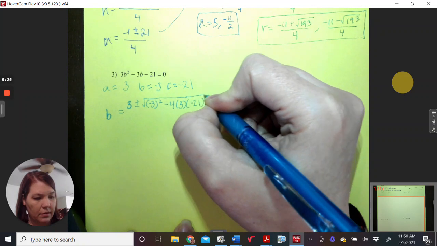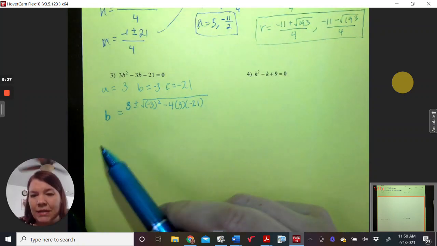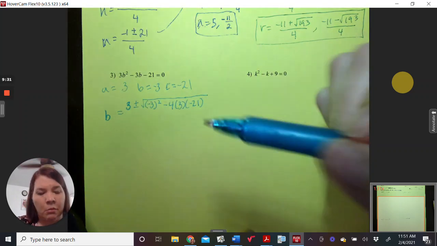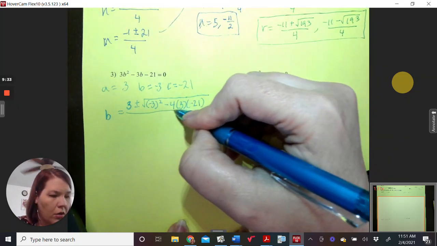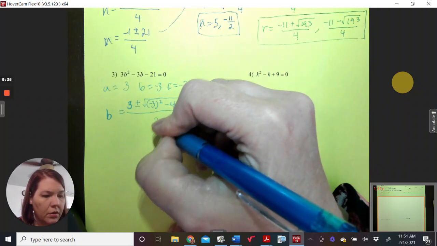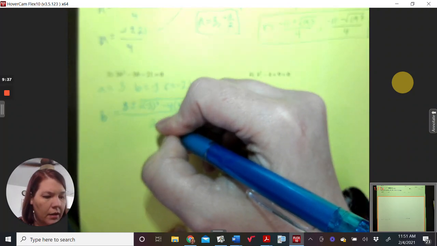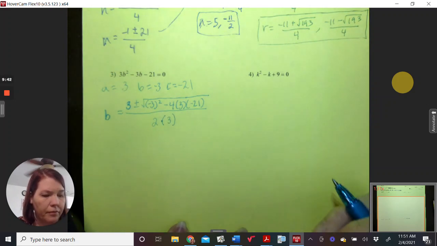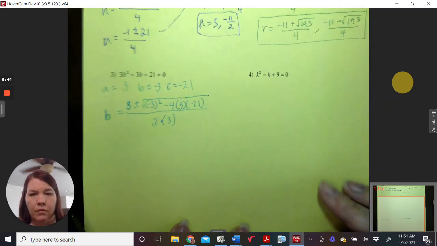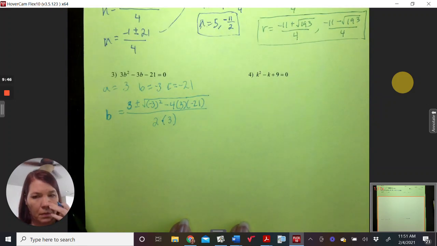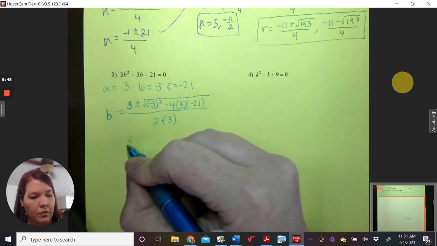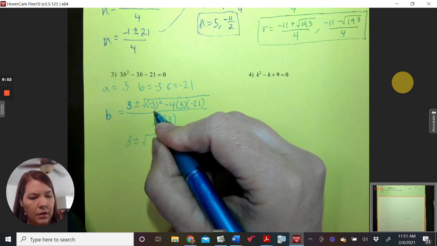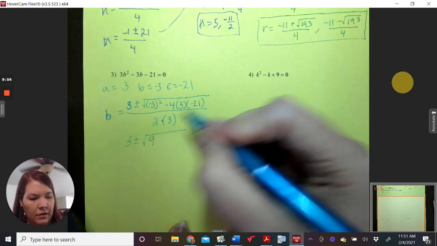So you'll notice I just say the formula and put the letters in. It's easier for me to remember. All over 2A. And so 3 plus or minus the square root of -3 squared is +9. 4 times 3 times 21.